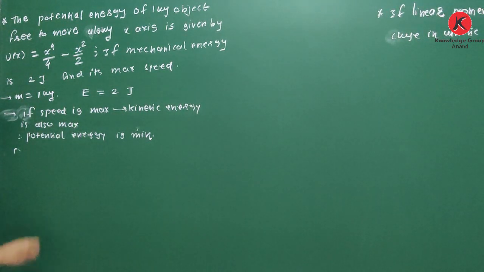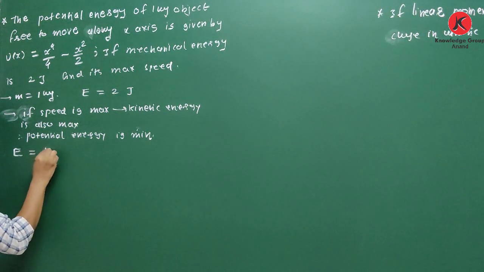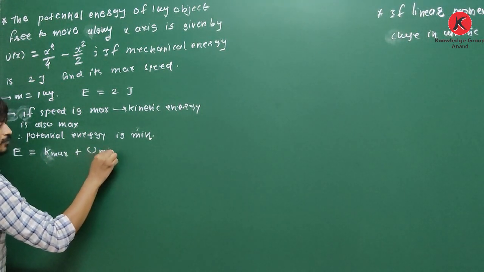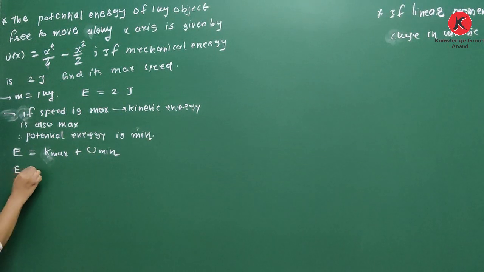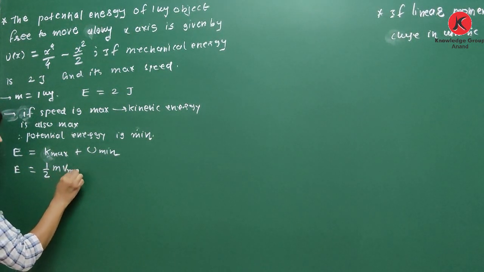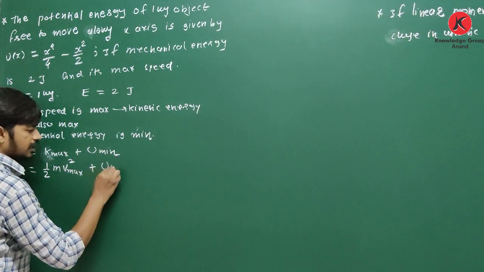E is equal to K maximum plus U minimum. So E is equal to half m v maximum whole square plus U minimum.